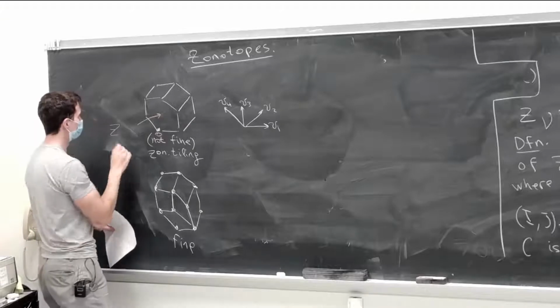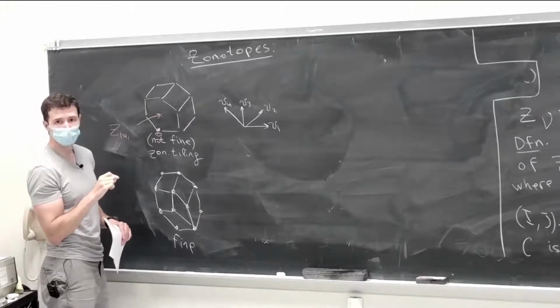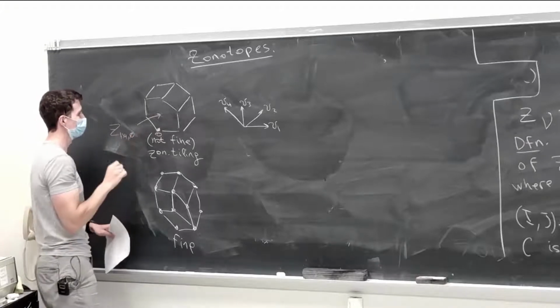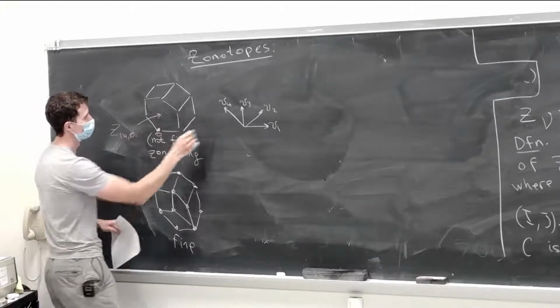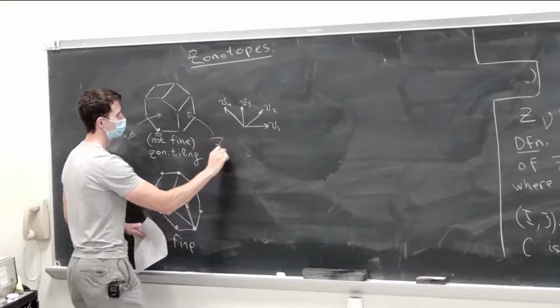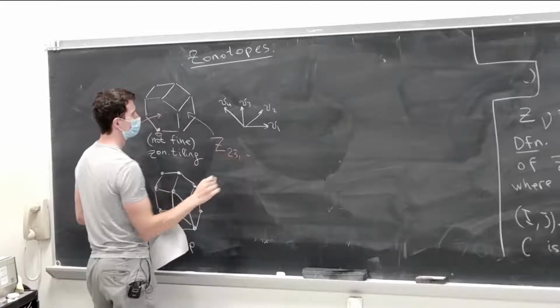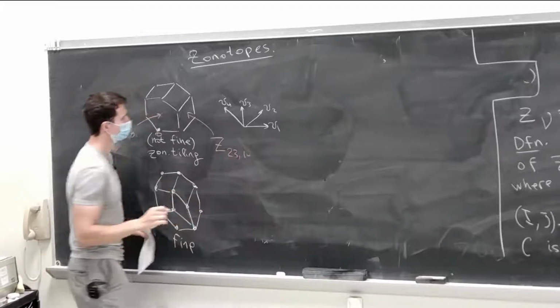I is 1, 3, 4, and J is empty. Okay. And what about this tile here? I is 3, and J is just 1.